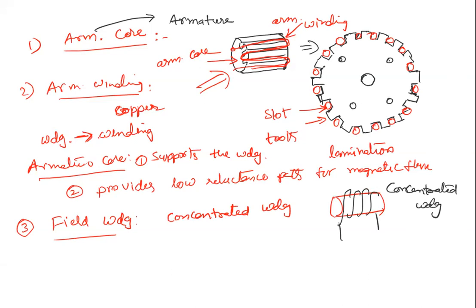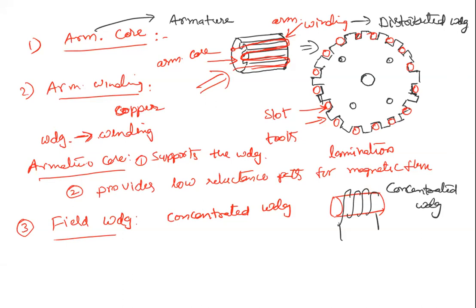Whereas armature winding is a distributed winding. Are you able to understand? Armature winding is a distributed winding. Field winding is a concentrated winding. So all the turns of the winding are very adjacent to each other, right?